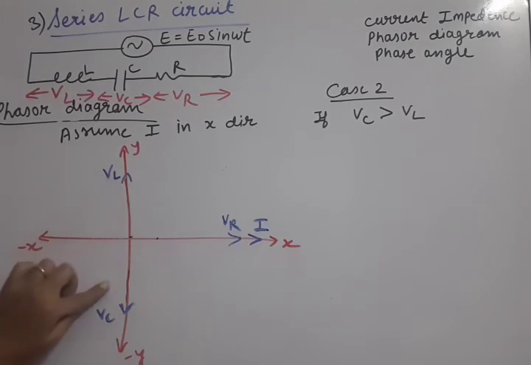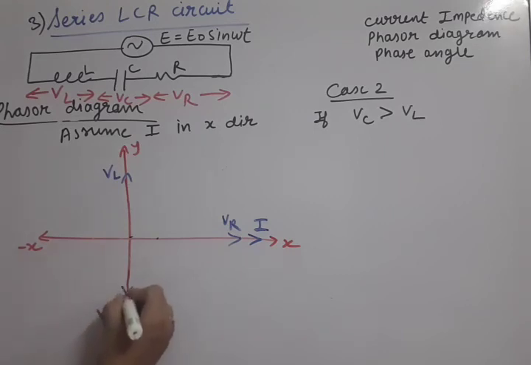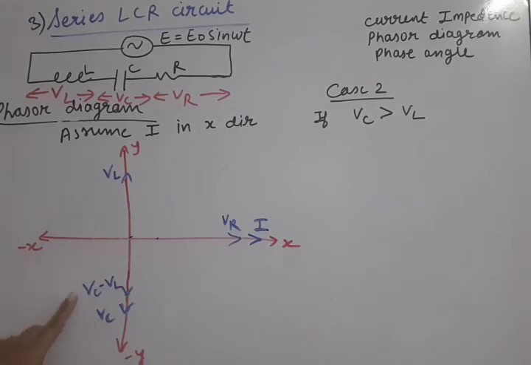They are opposite, so they will be subtracted. But VC is greater, so the subtraction result will be in the direction of VC now. So subtraction result is VC minus VL. We always take the direction of the resultant as the direction of the bigger one. If VC is greater, net direction will be the direction of VC, and magnitude will be VC minus VL.